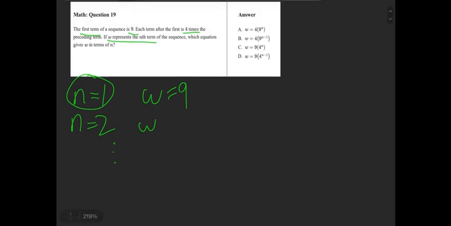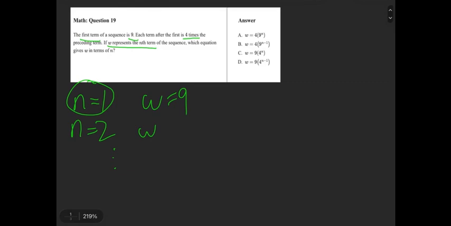Now, since we already know the first term of a sequence is 9, if n equals 1, W equals 9. So we can plug and check first with our answer choices. If n equals 1 for answer choice A, W would equal 36, which is certainly not 9.